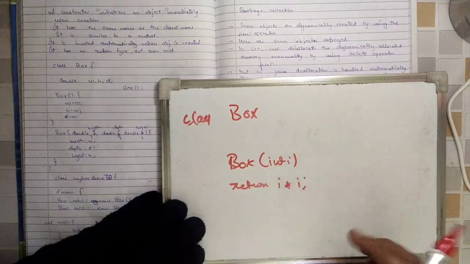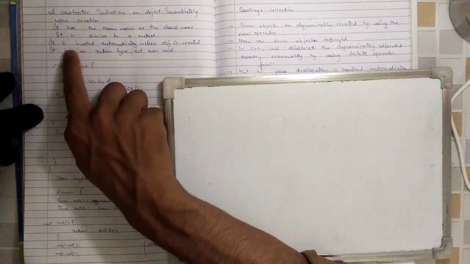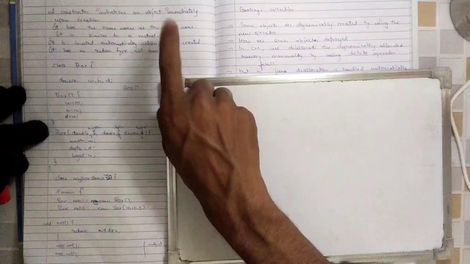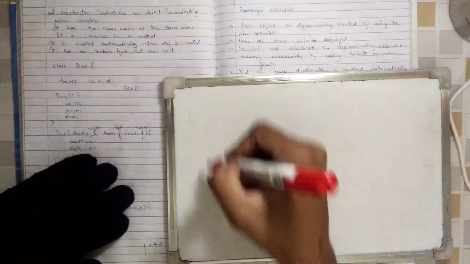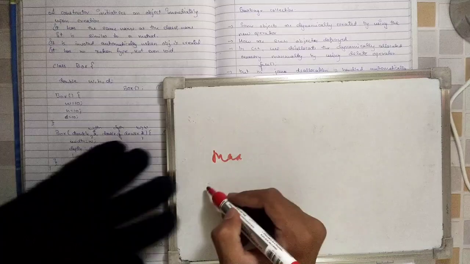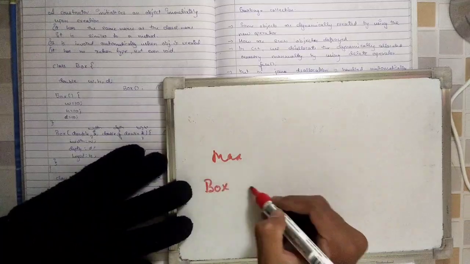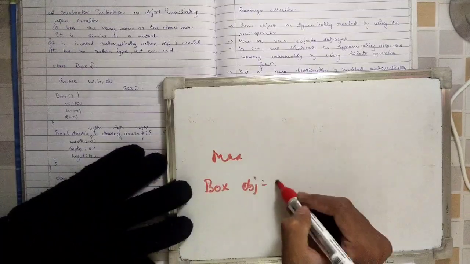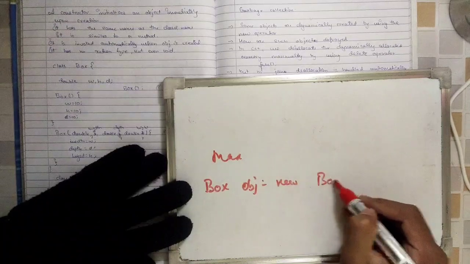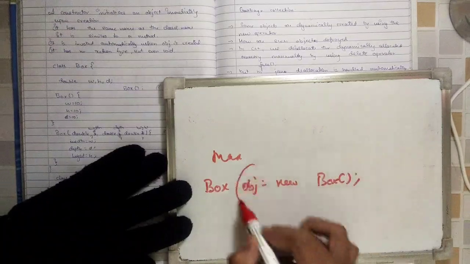So this returns the square of some number. Let us also read some more points. It is invoked automatically when an object is created. So in the main program what we write is Box obj is equals to new Box. So this is my object created here.